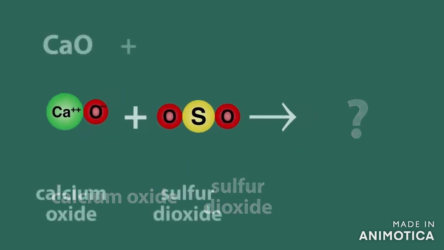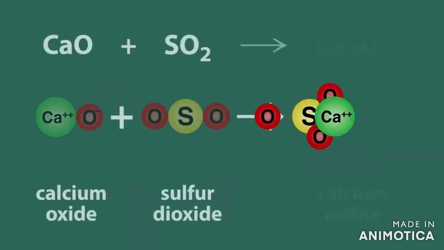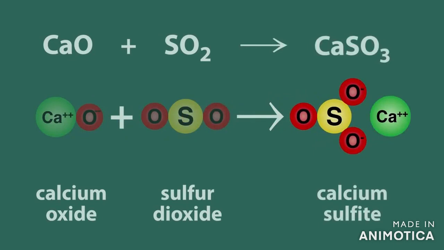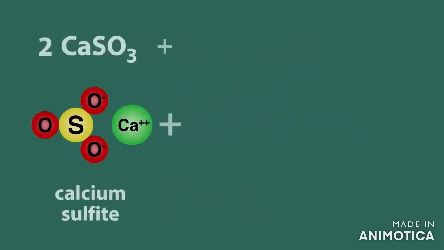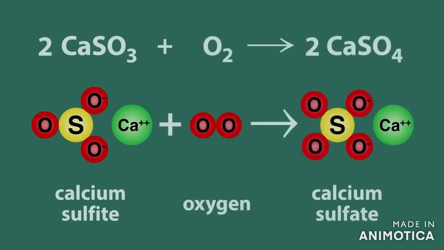Calcium oxide reacts with sulfur dioxide to make calcium sulfite, CaSO3. The sulfite can be reacted with oxygen to make gypsum, calcium sulfate, CaSO4, which is the main ingredient of wall plaster.